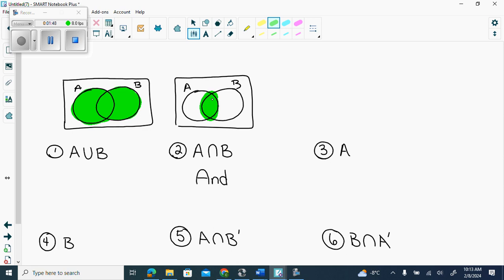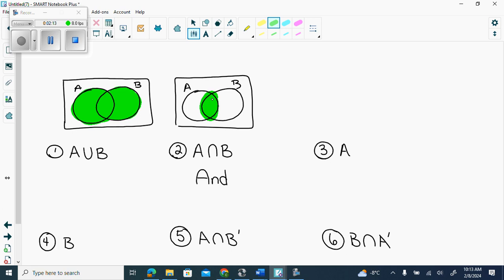At first, when people see A, they really think of this as A only. But did I put A only on it? Is there an only word? No, it says A. So if I'm asking you to shade A, that's everywhere there could possibly be an A, okay? So a lot of you will shade crescent moon at first, because you're shading like an A only.